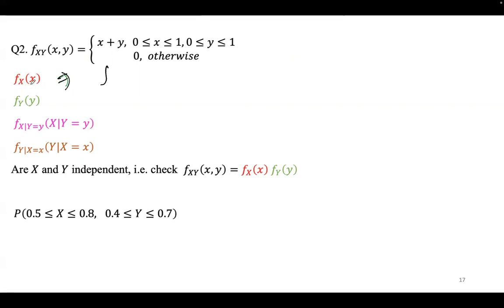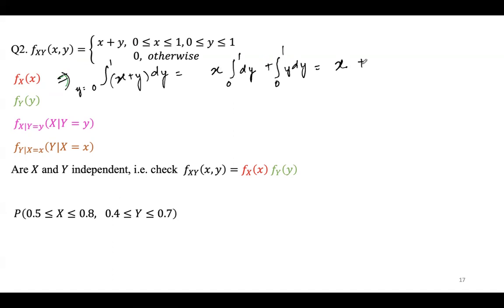That's what the marginal probability of x means. So the integral of x plus y dy, right? So x is a constant here. So x comes out, it's going to be x times the integral of dy from 0 to 1, plus the integral of y dy from 0 to 1. So the first is y from 1 minus 0, so it's just going to be x.